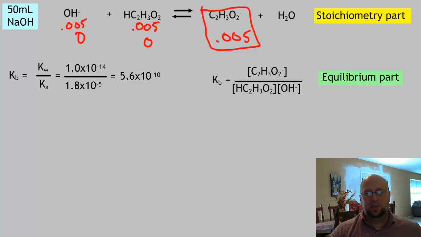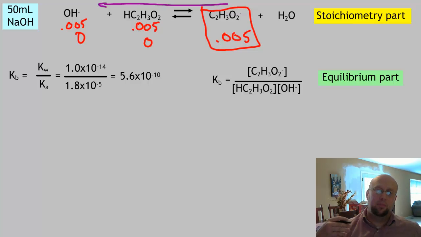Now, what you'll notice here is that this equilibrium equation is essentially this equation in reverse, right? So instead of starting this way and running this way, if I ran from acetate back this way, that's this equation. Now, why am I doing that? Again, I'm at the basic point of my titration. I'm out of acid.